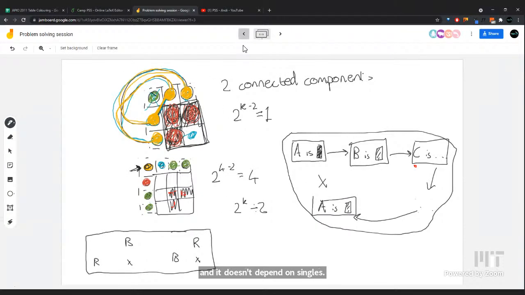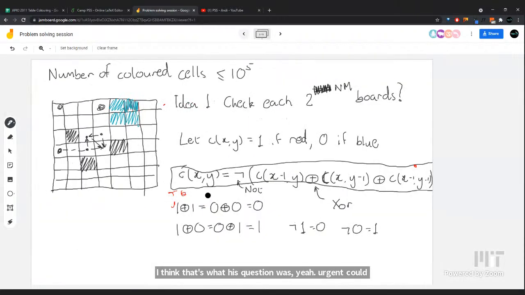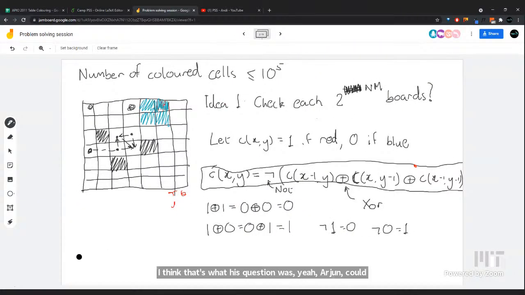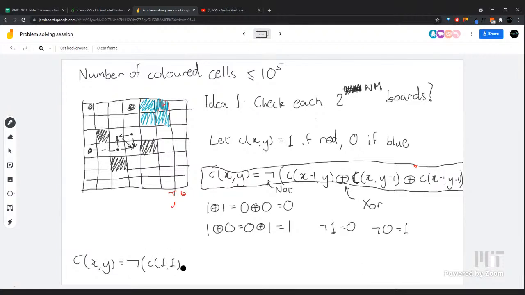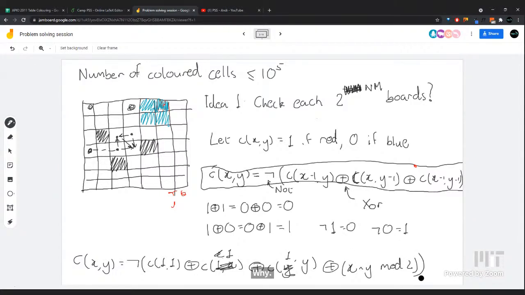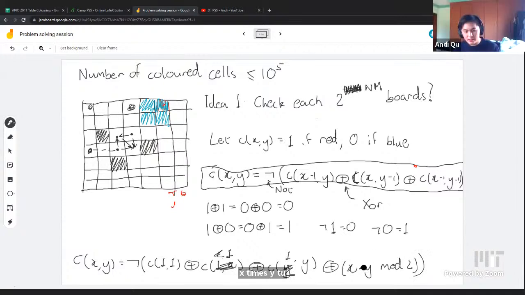Arjun, could you answer? It doesn't depend on anything else, because if you expand this recurrence, then you'll see that c of x,y is equal to c of 1,1 XOR c of 1,x XOR c of x,1 XOR c of 1,y XOR x times y mod 2. It's something like that. But you get this from expanding this recurrence out.